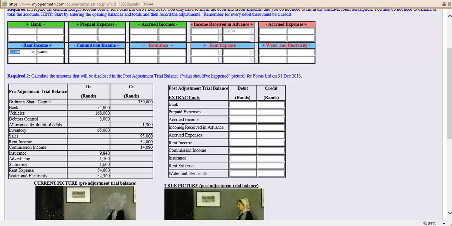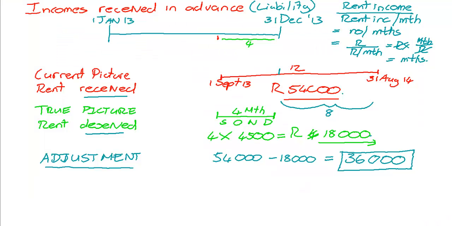If we total up this account, we'll see that we've got a credit of 18,000 Rand. One last thing to note is that this is the actual rent income that we've deserved. Just double check it with our picture. Here you can see the 18,000 is the actual rent income, the true picture of the rent that we've deserved.